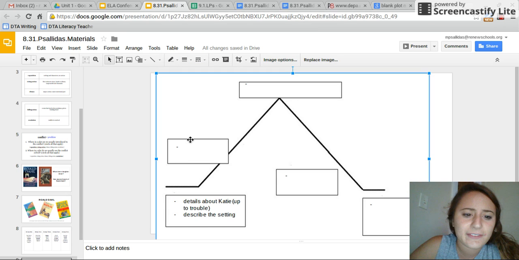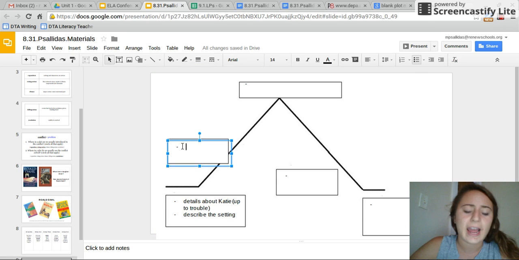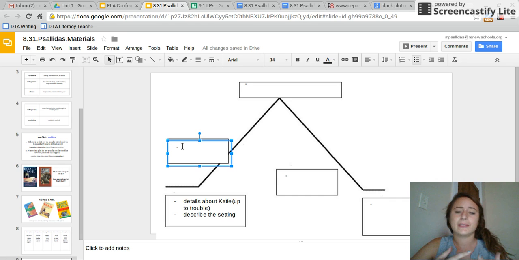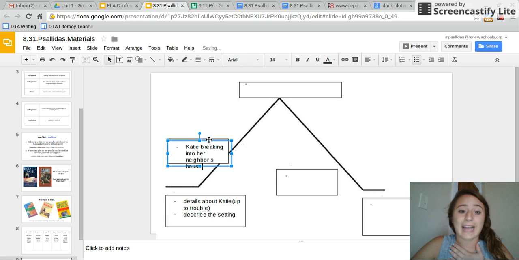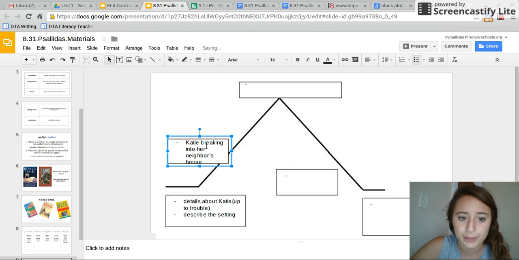Okay, and next I'm going to fill in my rising action. Whatever action is finally starting to happen in the plot, there's some suspense and drama building. So I'm going to slowly, in my rising action, describe Katie breaking into her neighbor's house. I'm going to be like, I am slowly walking into my neighbor's house, and describe this scene where I break the law.